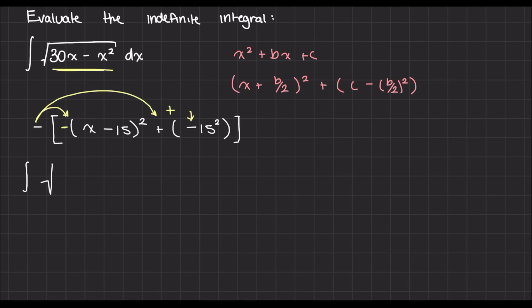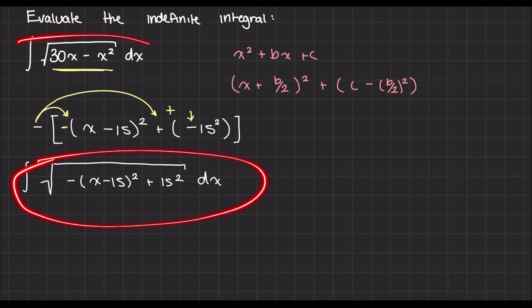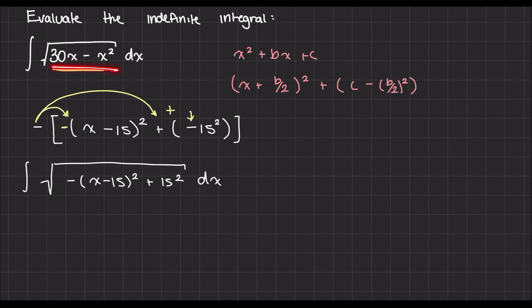So we're going to have this as negative (x minus 15) squared plus 15 squared. Now, the cool thing here is that the integral of this thing is the exact same as this thing, because all we've done is rewrite this inside polynomial.